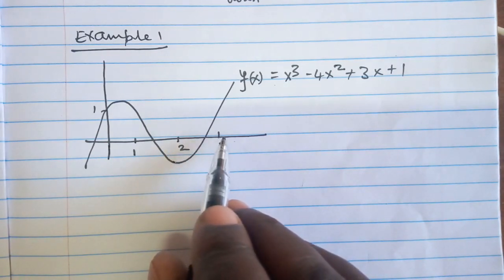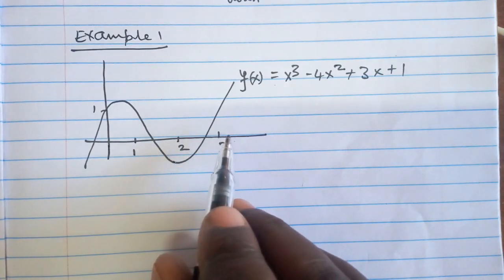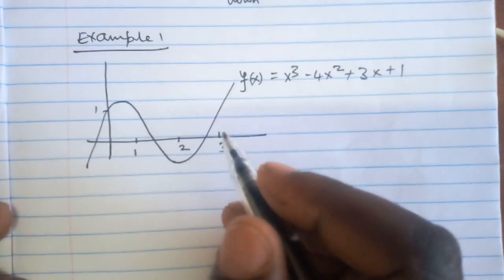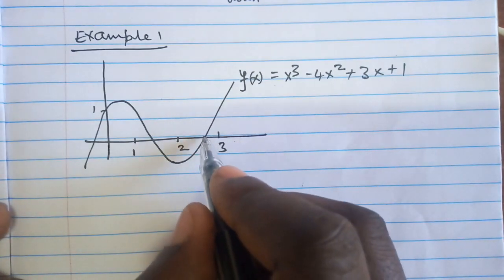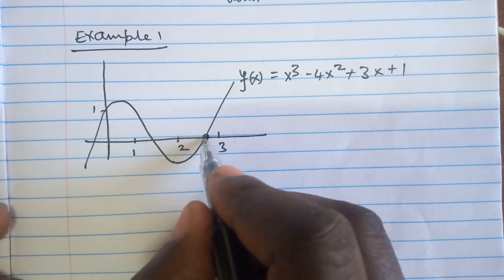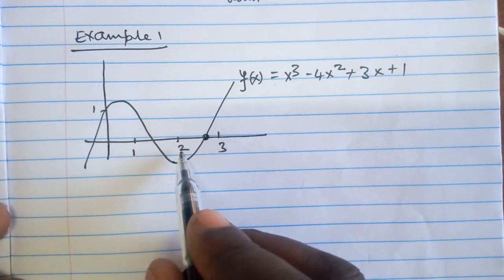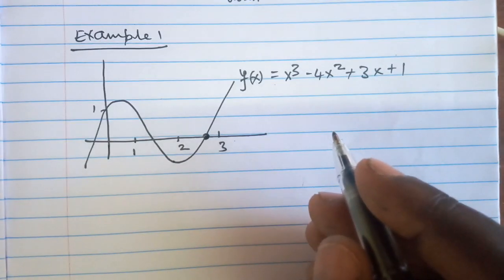Of course, any time a function has a root between two numbers, that function must be crossing the x-axis. In other words, it must be changing sign within the limits.